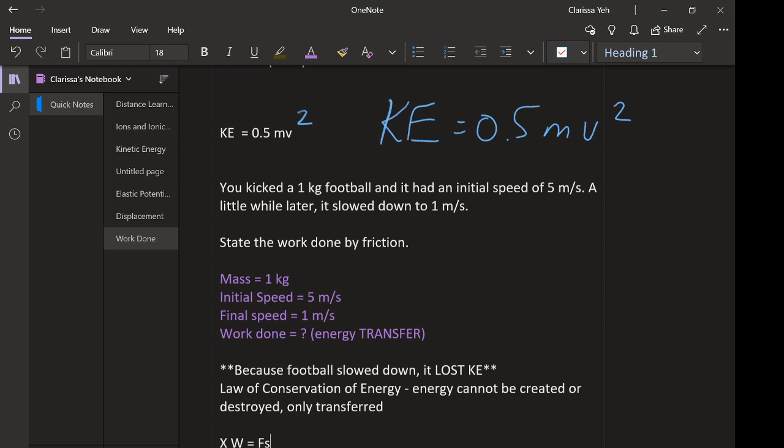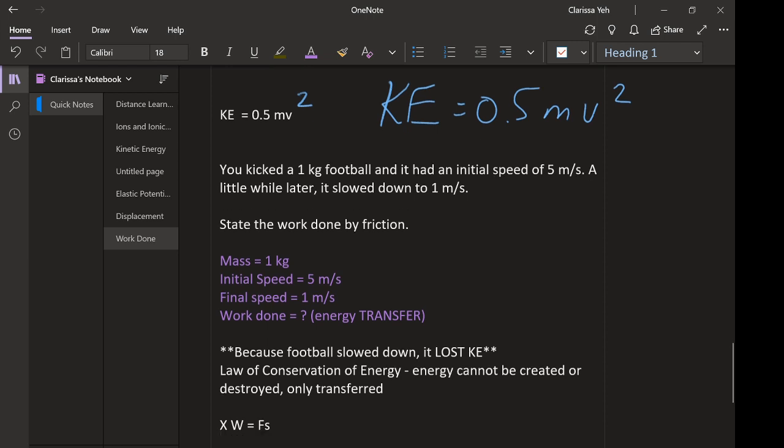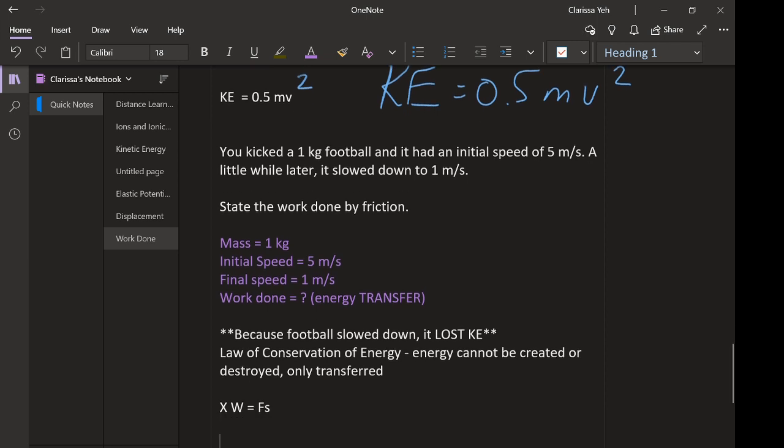Work done is just an energy transferred, specifically by a force. So you could calculate it with work done equals force times distance, but you could also calculate it by knowing how much energy was gained or lost by an object due to a force. So let's calculate this.